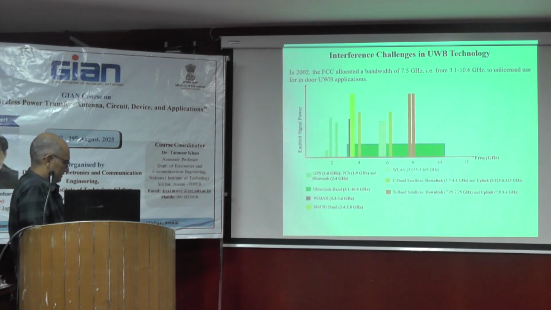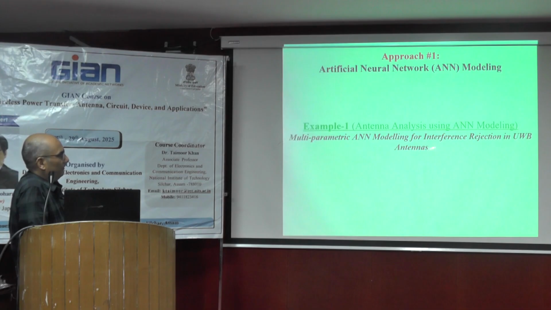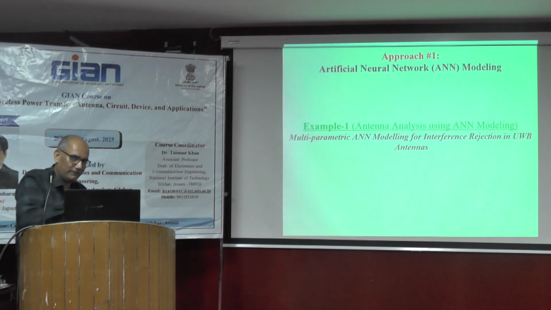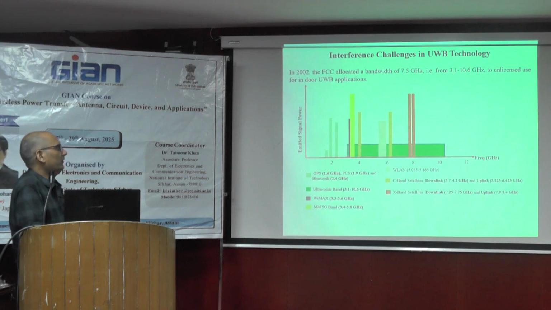Just see example 1: interference rejection in a UWB antenna. That is not relevant to RF and wireless, but we can quickly move ahead with it. The 3.1 to 10.6 gigahertz is the UWB band, but when it came into the picture in 2002, several other technologies were also existing, so there is an overlapping nature.